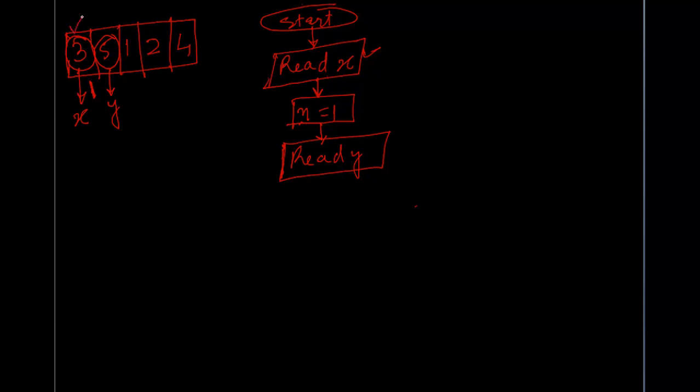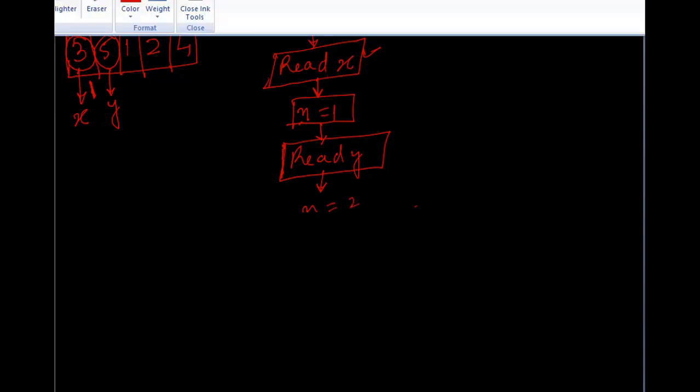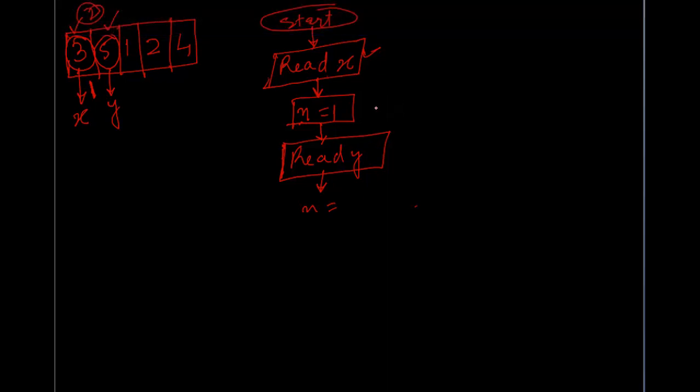I have read the first and second, two numbers, so n should now be 2. I will not write like this, n is equal to 2. I will write n is equal to n plus 1. Whatever the last value of n was, I am incrementing that.